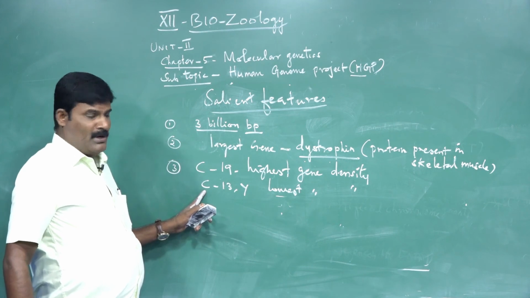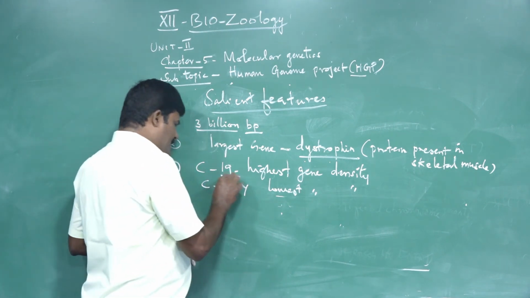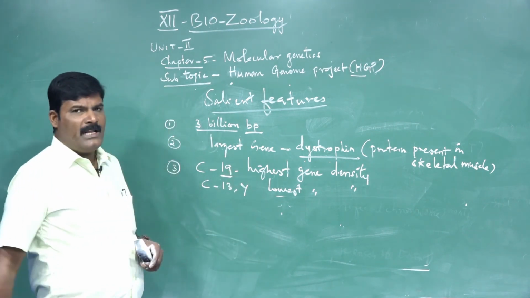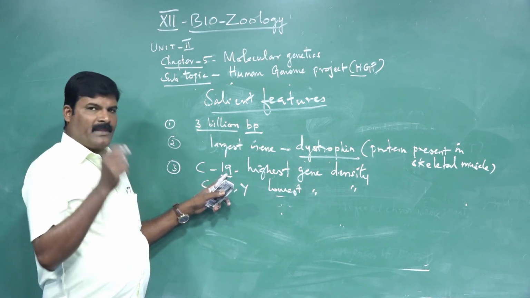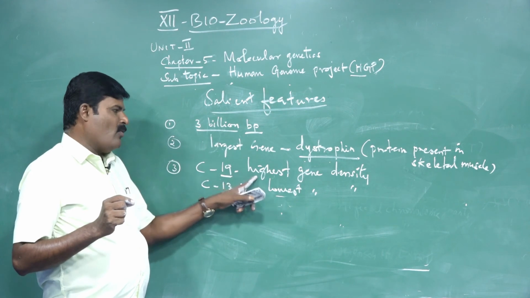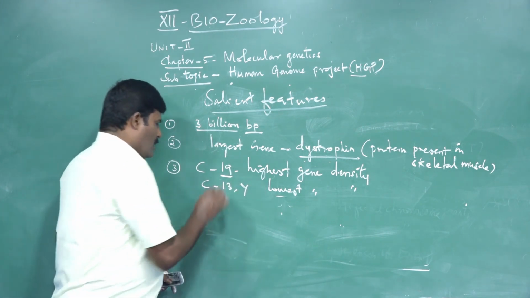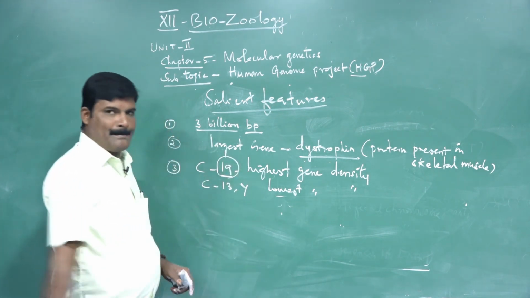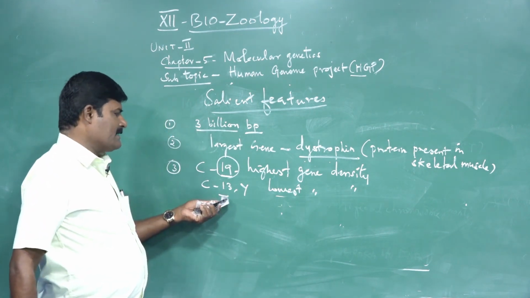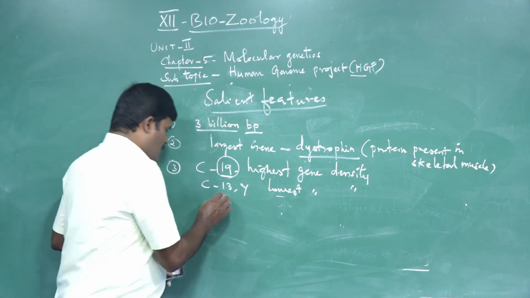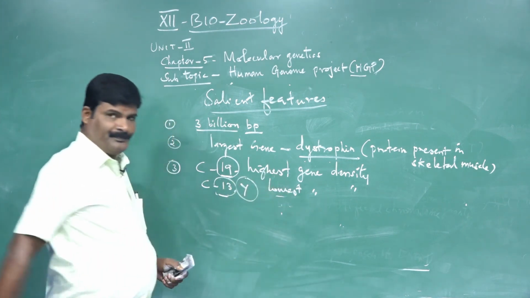All these points can be asked as a question. Among the 23 pairs of chromosomes, which has the highest gene density? Chromosome number 19. Which has the lowest density? Chromosome number 13 and the Y chromosome.